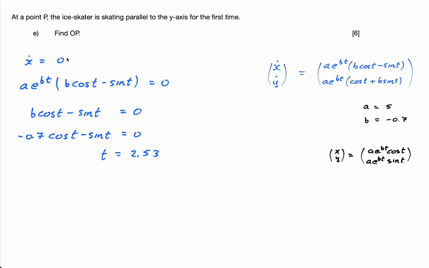I need to find where is this. So where is he at 2.53? Well, I need to sub it in here. So x, y is now equal to, I have a and I have b and I have t. So a bit like the last question, I'm just going to sub in these points.